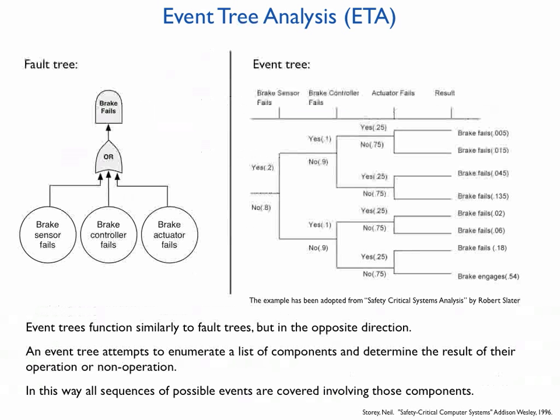In the event tree we define three events: the failure of the brake sensor, the failure of the brake controller, and the failure of the actuator. If you know the probability of the outcome of these events, and these are binary outcomes like failure or not failure, we can compute the probability of the combination of these events. That is the main idea of event trees and event tree analysis.